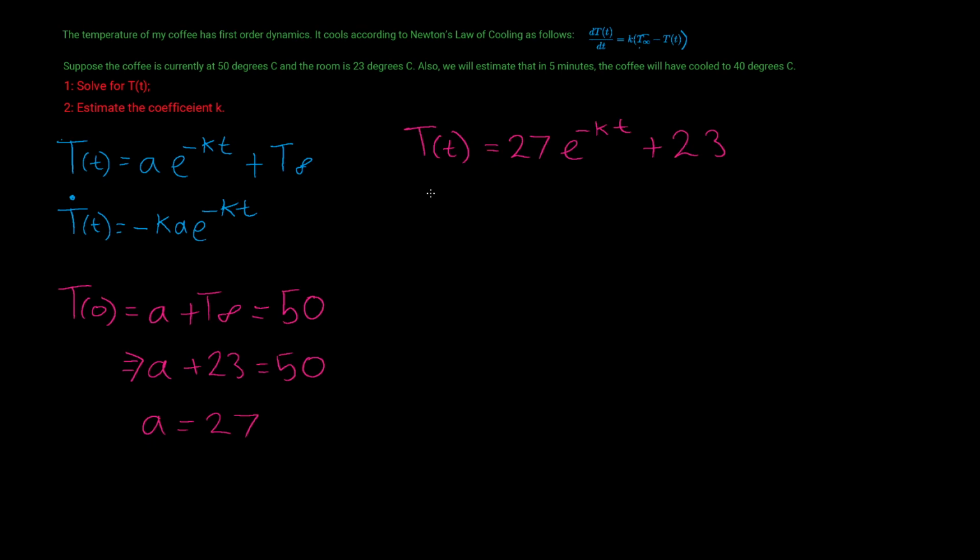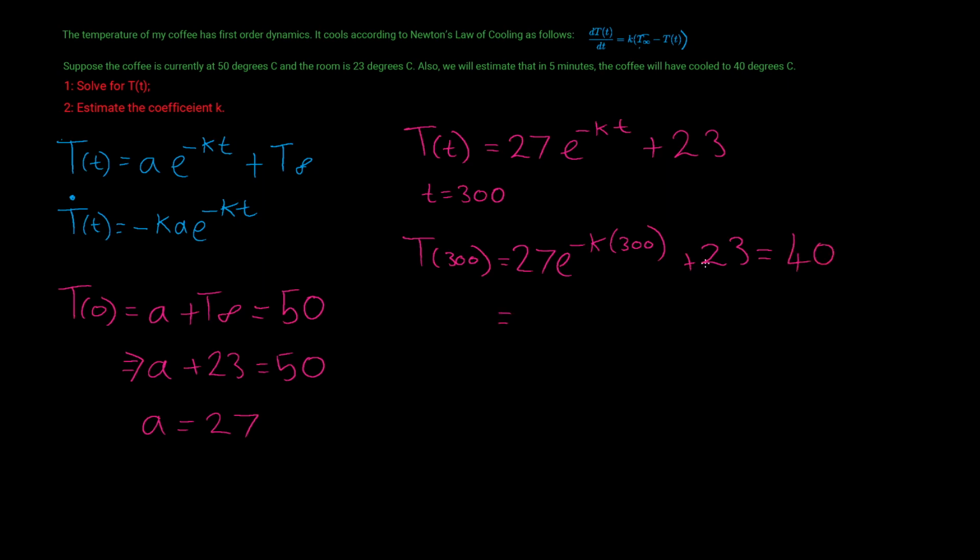So we are going to consider when t is equal to 300. So we know that at t of 300, this equation is equal to 40, and that's given to us.